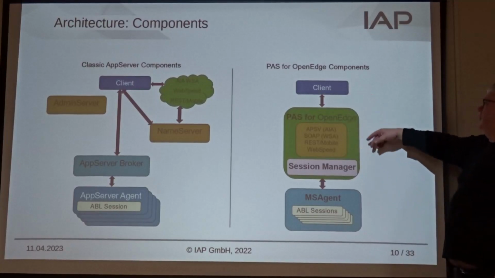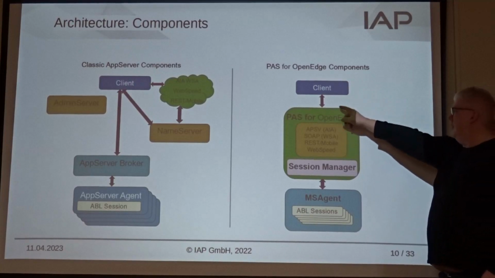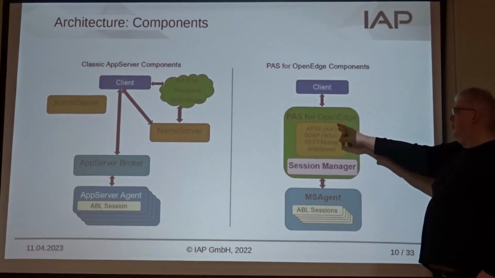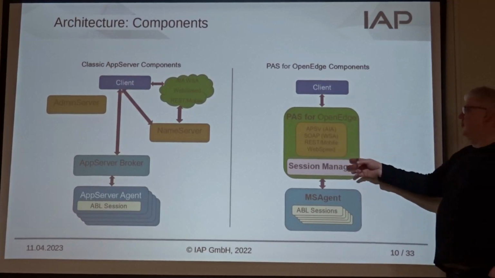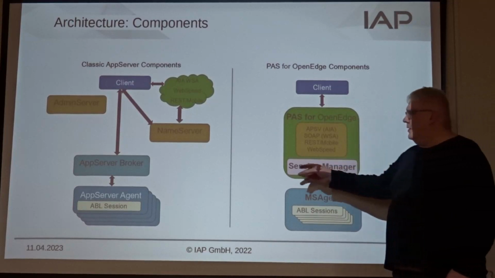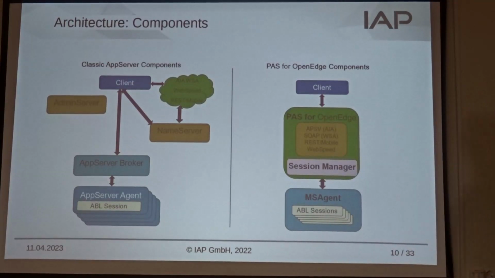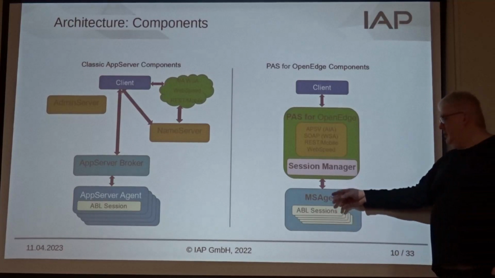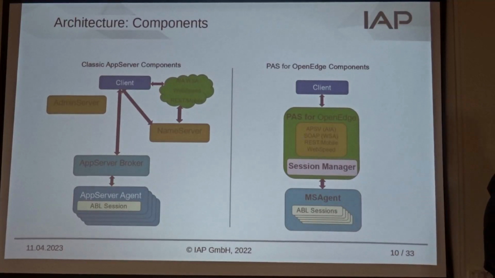Then you have any client here, and the Progress-specific app server with several adapters, and the session manager. The session manager is the same as the app server broker here. And then you have the multi-session agent, which holds more API sessions.